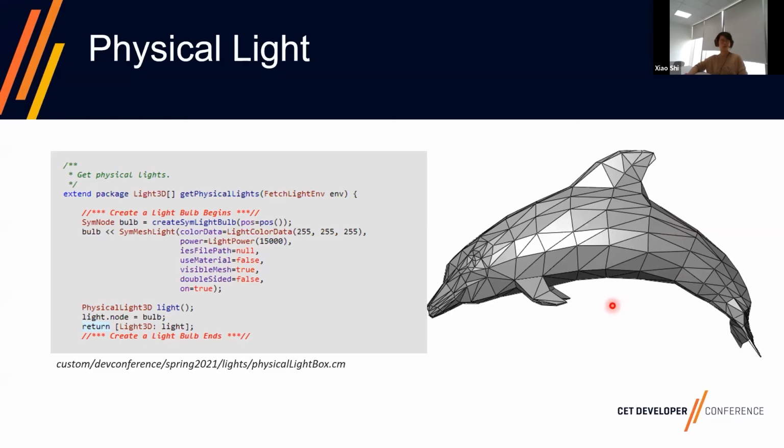But if you have a closed model like this dolphin, you probably don't want to have the light inside of it because no one will really see it. So usually we'll just have that set to false. And this on is just light turning on and off. You can control that by light settings and pass it in, but here I just set it to be true. So that's pretty much the parameters.